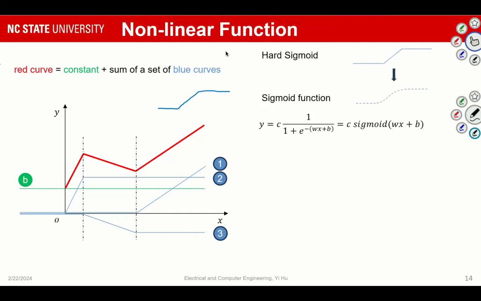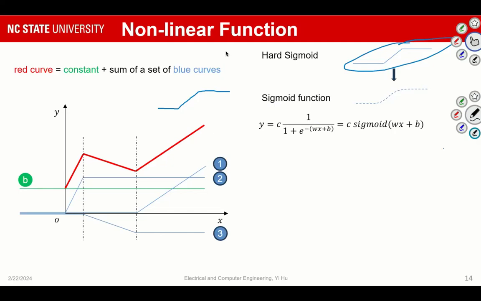The question is how we represent this kind of blue curve mathematically. We call this kind of curve a sigmoid. This one is a hard sigmoid. But mathematically, we cannot do it in this way. So we use an approximate function to represent it, which is the sigmoid function.